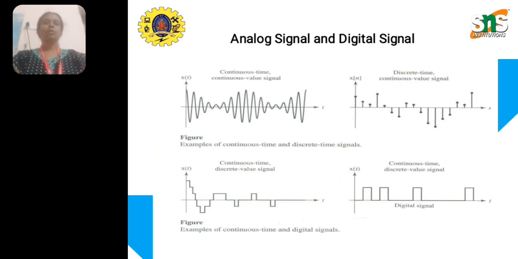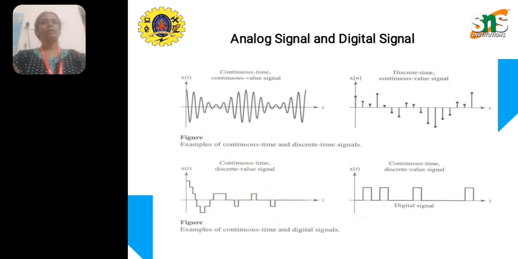Any signal which is continuous in nature with respect to time change is called an analog signal. Is a digital signal extracted from an analog signal? Yes, of course. It is a representation of a signal with respect to discrete periodic time intervals. How to get a discrete time signal?